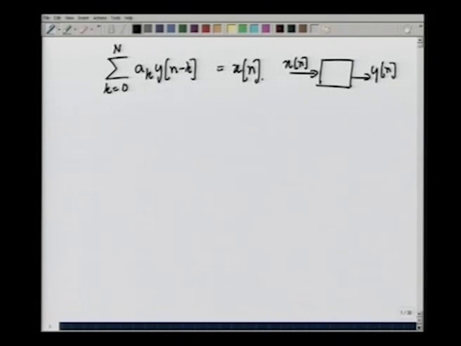In short, we wish to determine the output y n when x n is applied as the input.